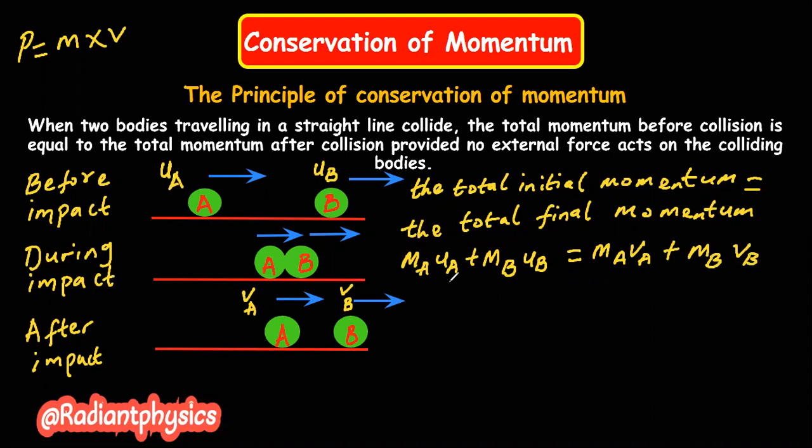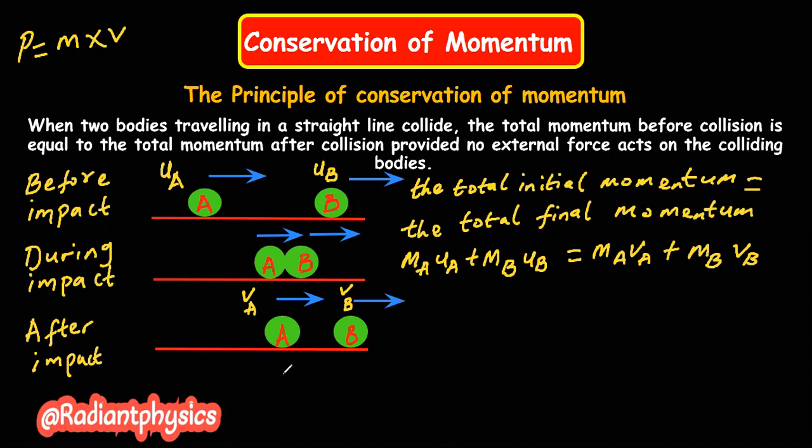So this is what the principle of conservation of momentum states. You can see how we generate this equation. This equation will be needed for calculation, but in case the colliding objects stick together as a result of the collision, they have the same final momentum.